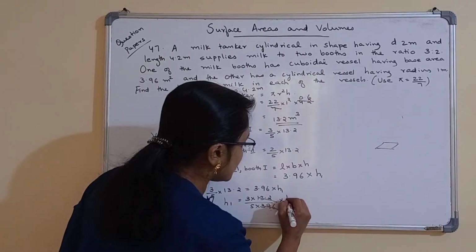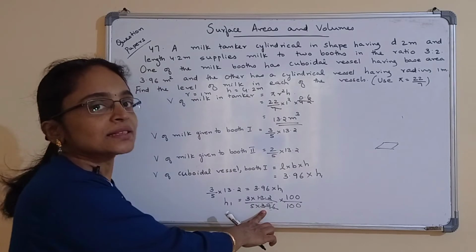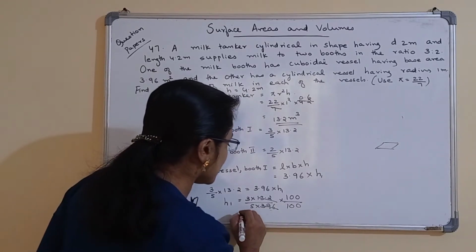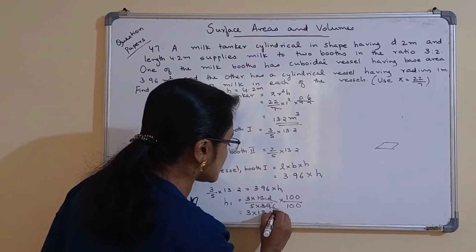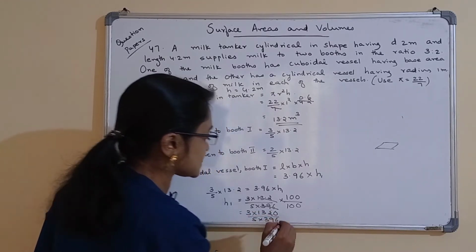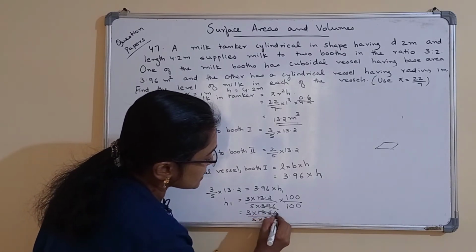We can multiply numerator and denominator by 100 to make this 3.96 without decimal. So we'll get it as 3 into 1320 by 5 into 396, and 132 will go in 396 3 times.